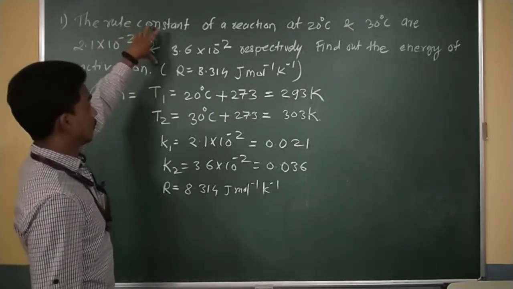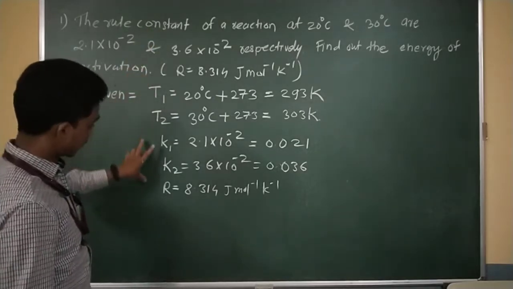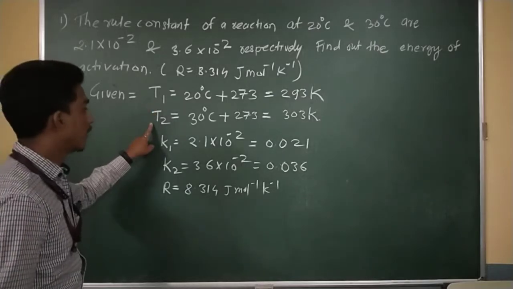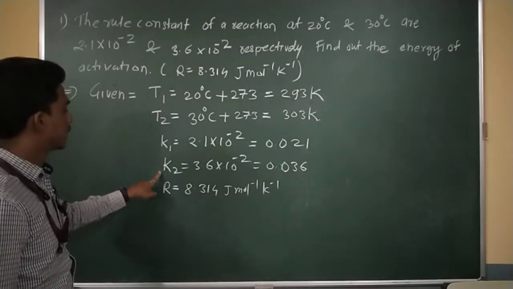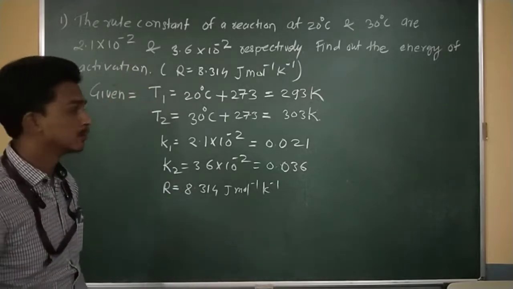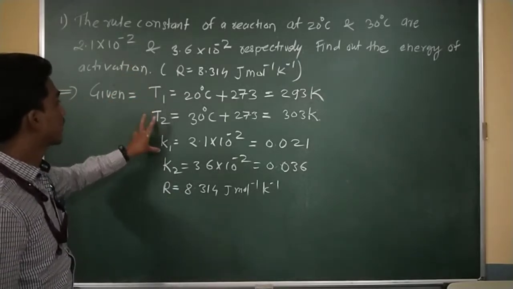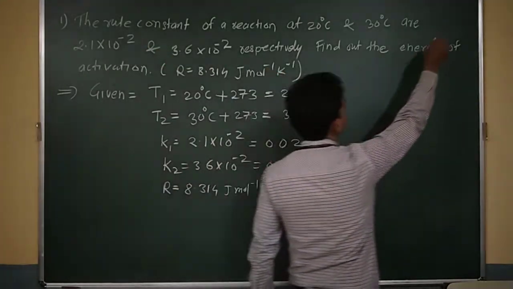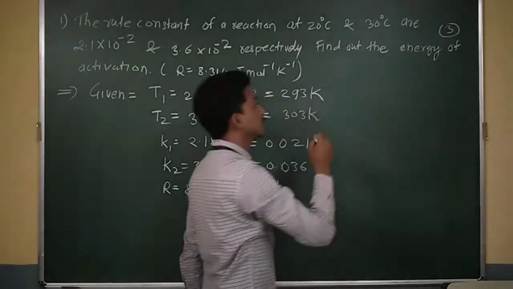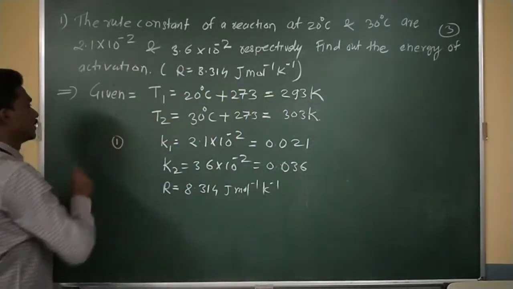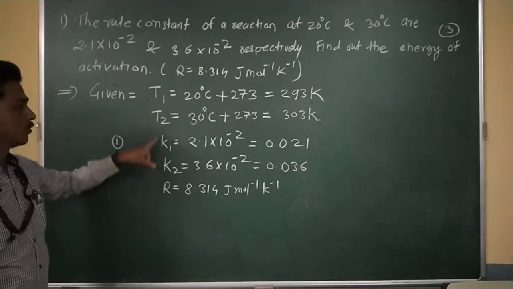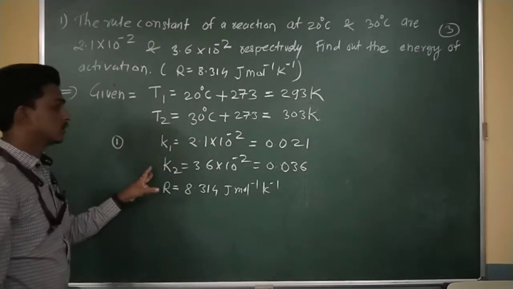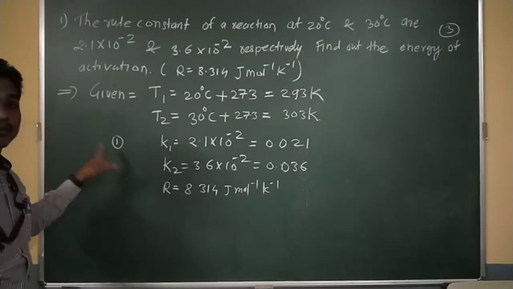On the basis of the problem, I can write up to this, because the T1 value, T2 value, K1 and K2 and R value are given in this problem. So you can write like that. These questions may be asked for 3 marks. So 1 mark for this. Suppose you don't remember the formula, but you write this much in your question paper, you will get 1 mark.